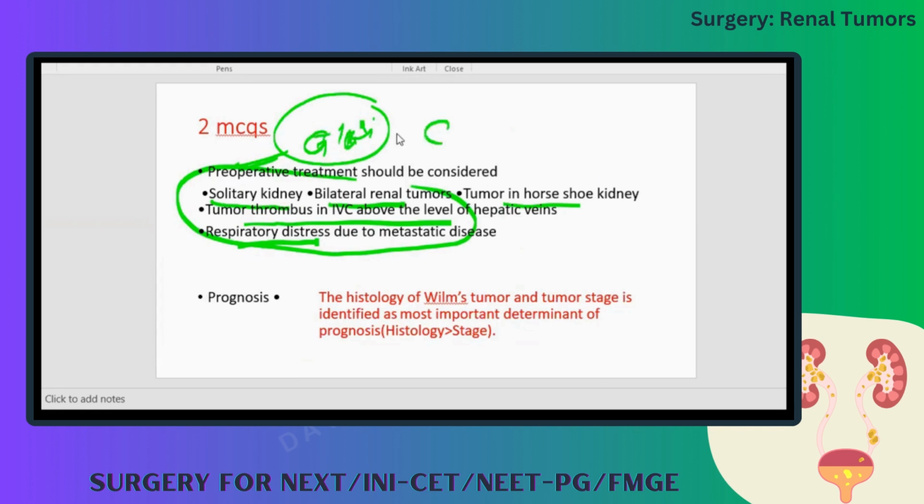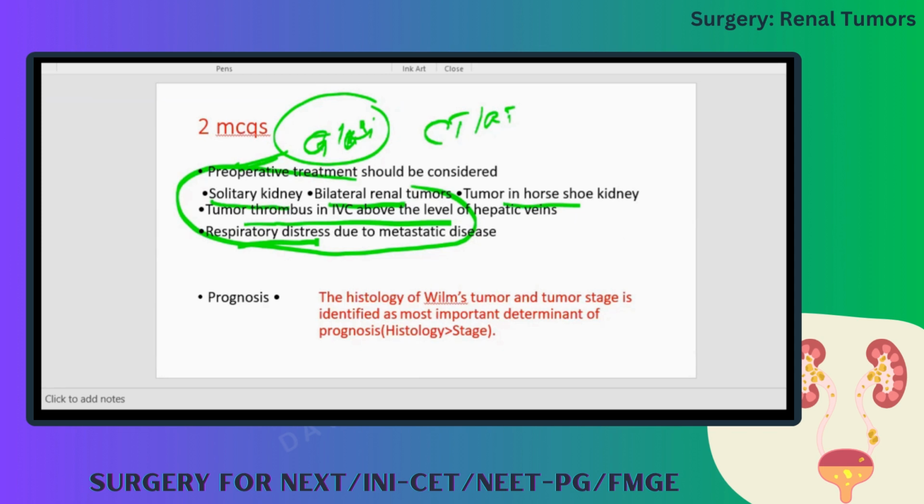What is CT? What is RT? What is chemotherapy? What is radiotherapy? Drug therapy. Chemotherapy is nothing but chemotherapeutic agents. What is radiation therapy? Radiations are provided.